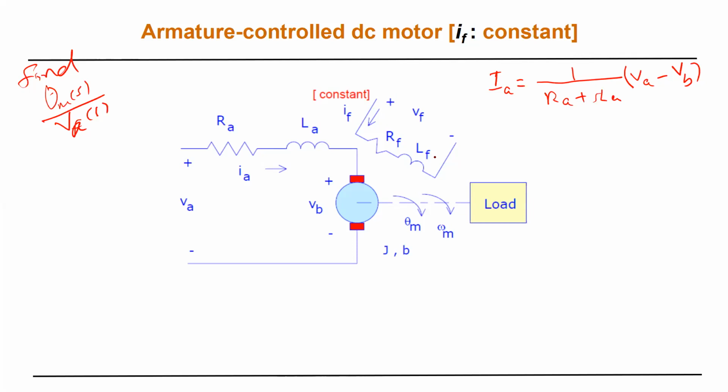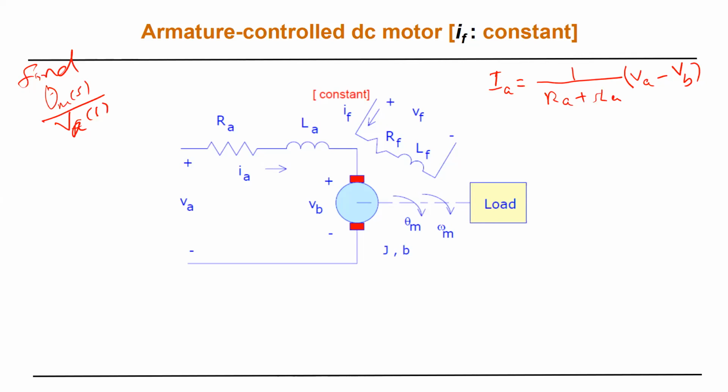So we are not assuming they are zero. Why do you assume they are zero? This is RA. Okay. Doctor, don't we have a mutual inductance between LA and RF? No, this is not a transformer. Even if you have it, assume it is extremely negligible. You don't model it, you don't consider it.